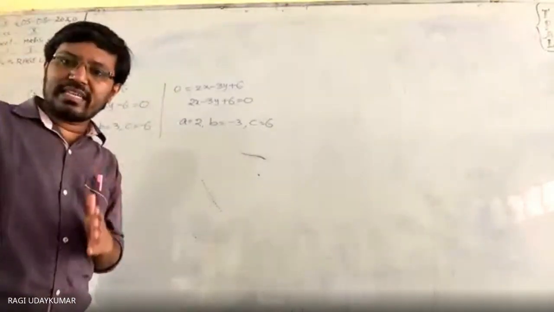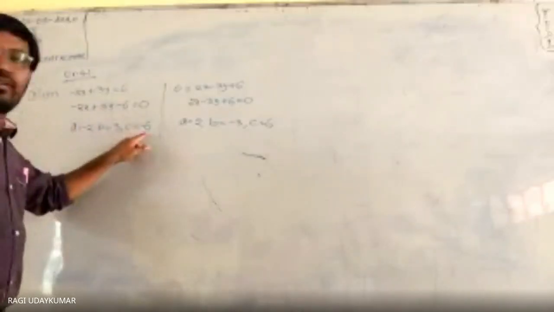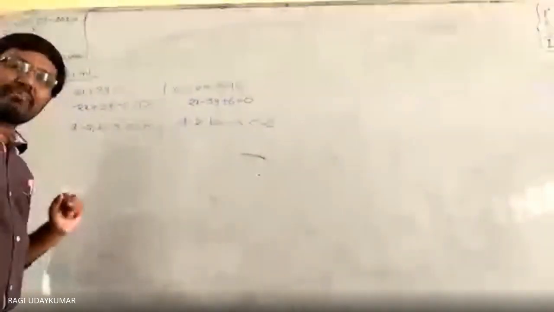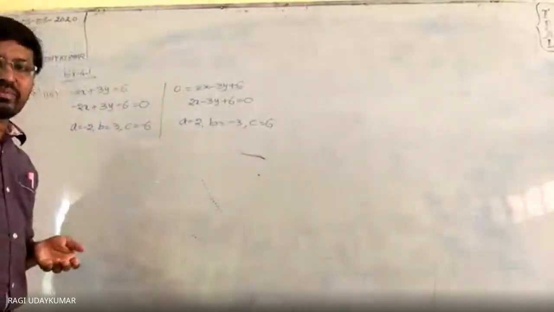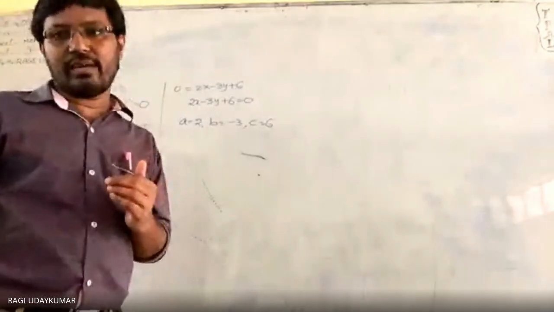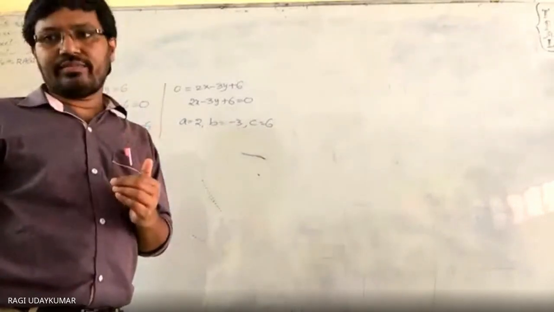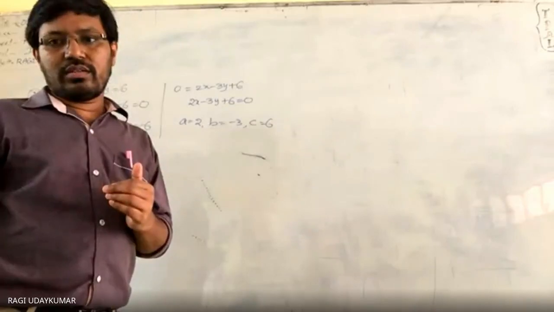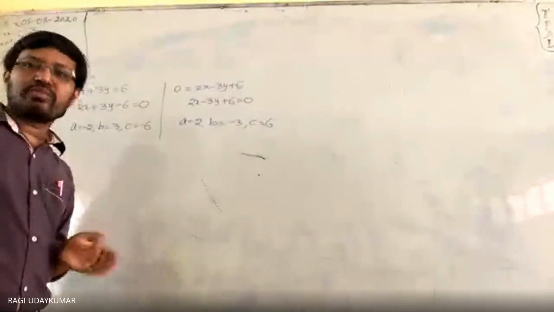If you multiply all the a, b, c values by 2, or any number, the linear equation in two variables does not change if you multiply that equation by a non-zero constant. Its zeros also do not change.